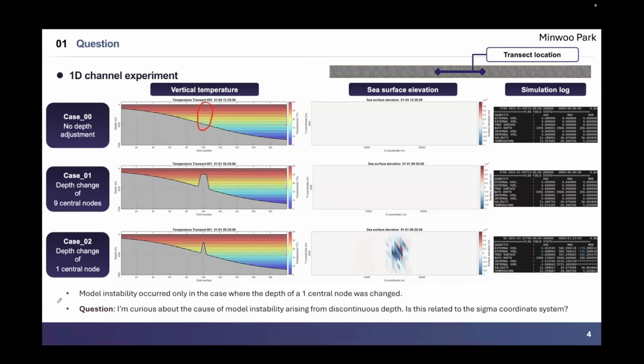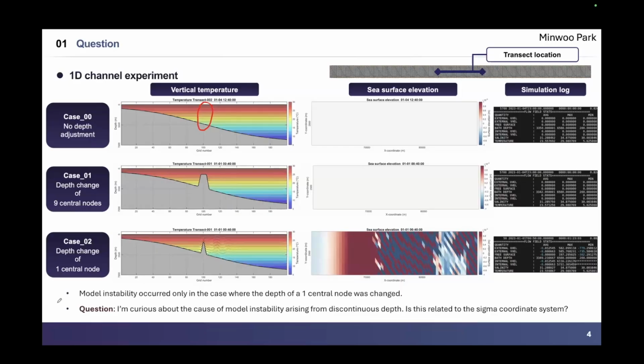What we're talking about with sigma error is, you satisfy the computational stability, you had no instability problem, but this way you still had a sigma error. But the case you do here is completely unstable.